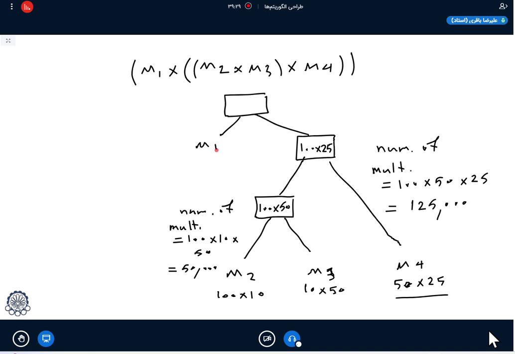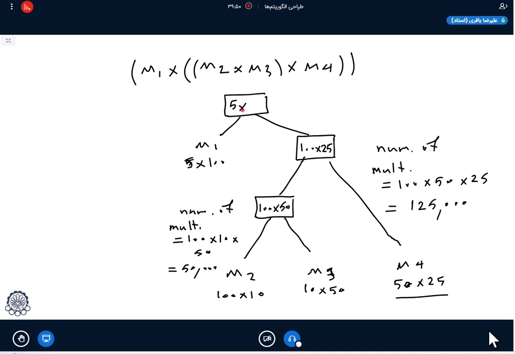And in the last step, M1 is multiplied by the result. M1 has 5 rows and 100 columns.